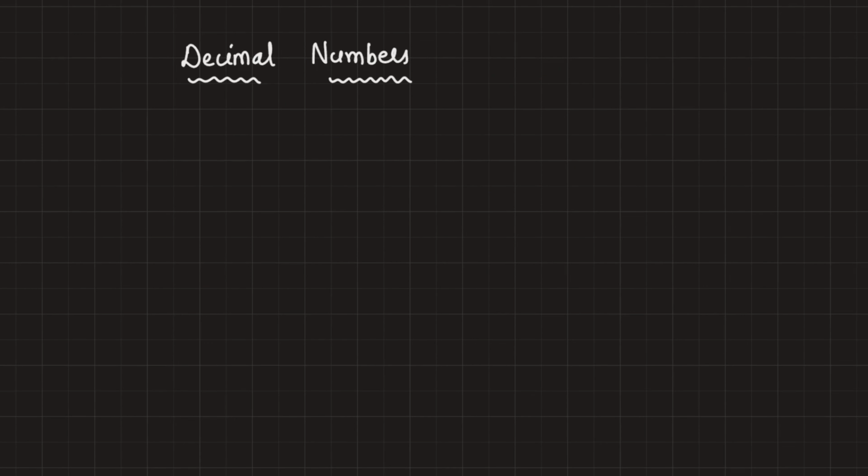So simply, decimals are numbers that include a decimal point to represent fractions whose denominators are powers of 10. So we are basically representing fractions whose denominators are powers of 10.